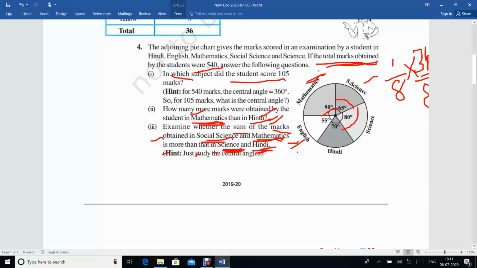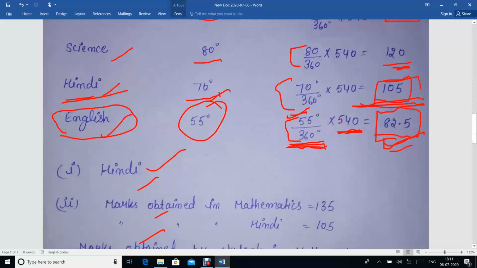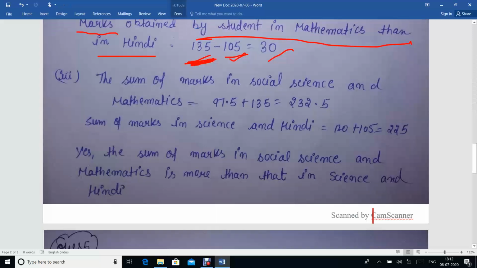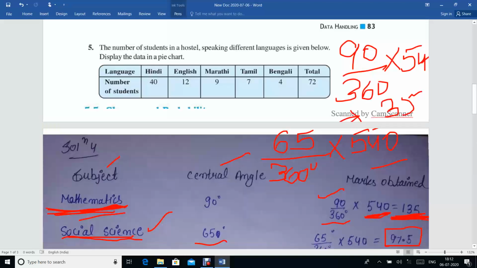So let us move towards the solution of this question. Firstly we have to find out the marks obtained in social science and mathematics. As you know, in mathematics he got 135 and in social science he got 97.5. Here are the two subjects, mathematics and social science.